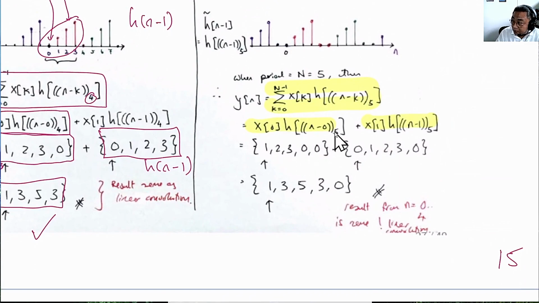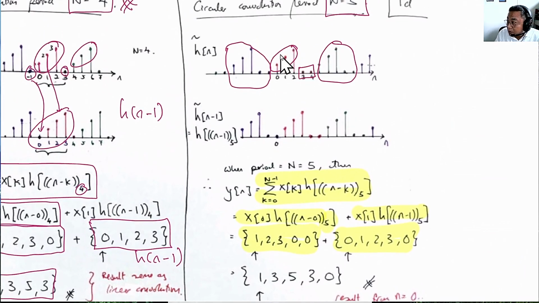So again, when we keep capital N equals 5, the output of this is 5 samples, while this previous one is 4 samples. So again, we have 1, 2, 3 followed by 2 zeros for this first term. x[1], which is 1, times h[(n-1) modulo 5] is 0, 1, 2, 3 followed by 0. Because why? When we delayed this by 1 sample, 1 sample comes in, 1, 2, 3, and then at the back there's still 1 sample, right?